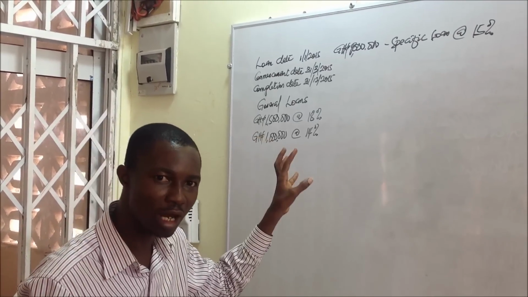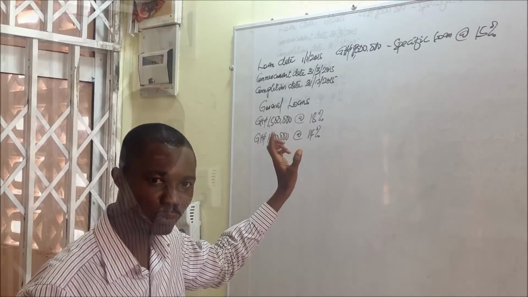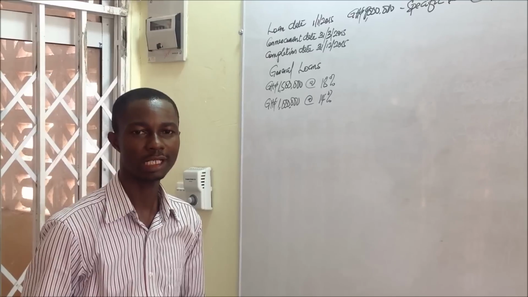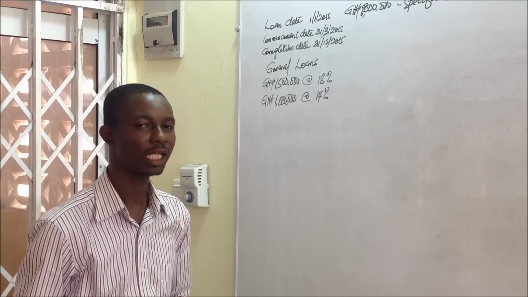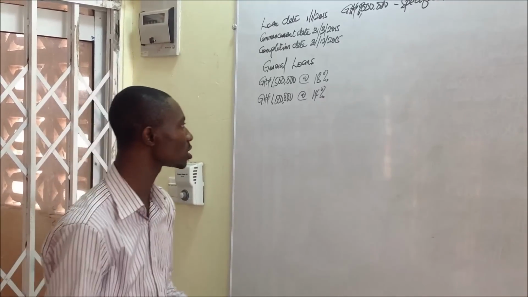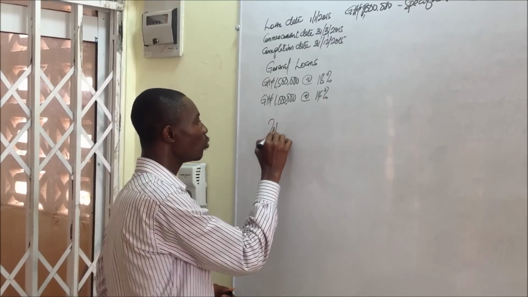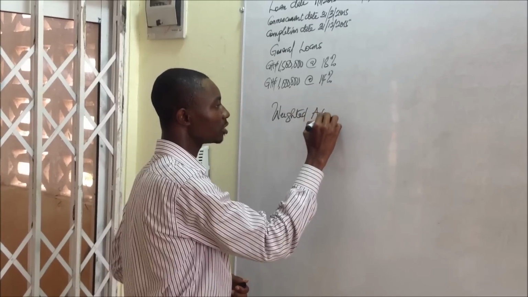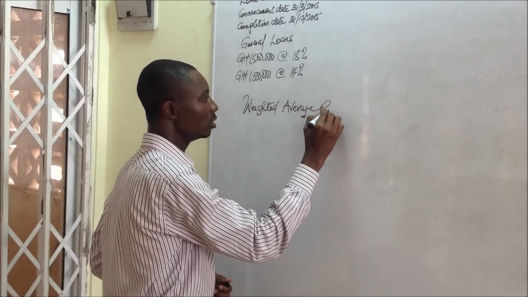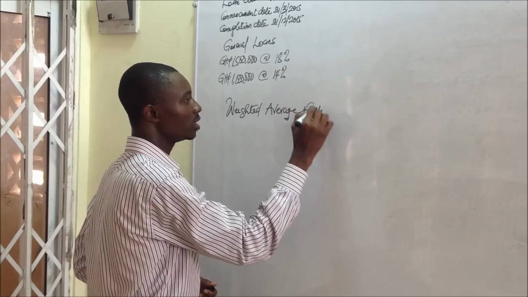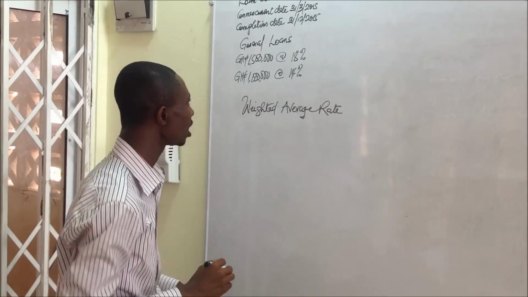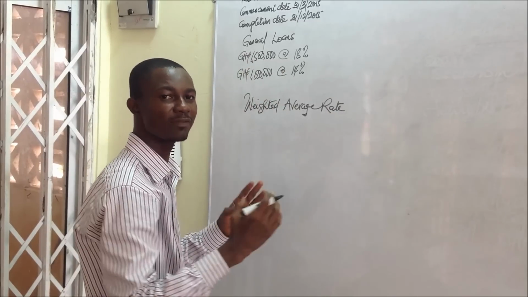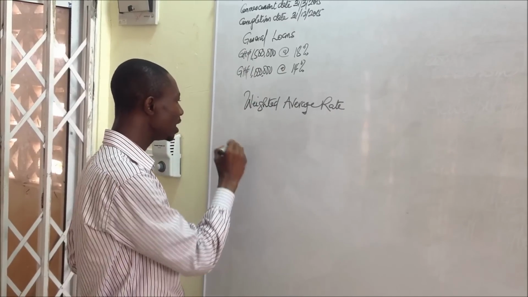When it comes to the general loan, we have two different rates. To determine the rates that will be used in calculating the interest for the funds that will be coming out of the general pool of loans, we are going to calculate what we call the weighted average rates. Now, the weighted average rate is calculated by applying the various interest rates on the respective loans and then calculating the weight of that.